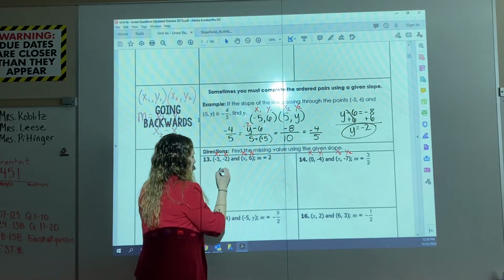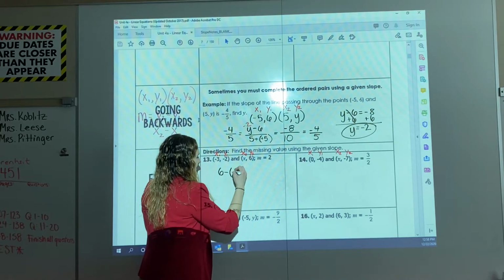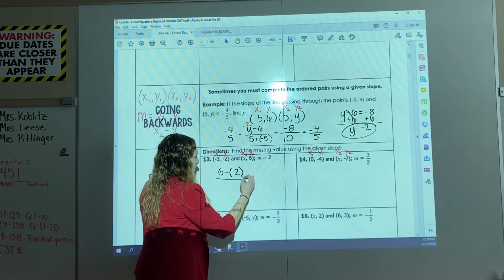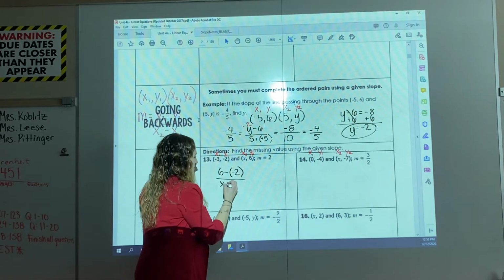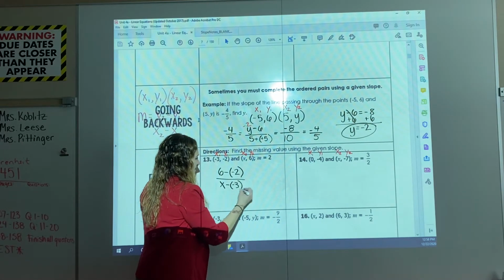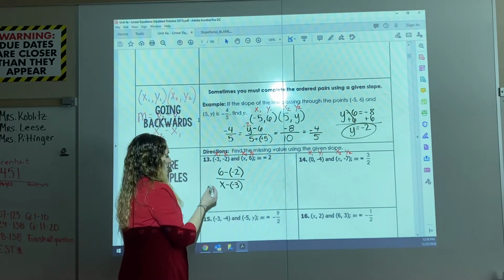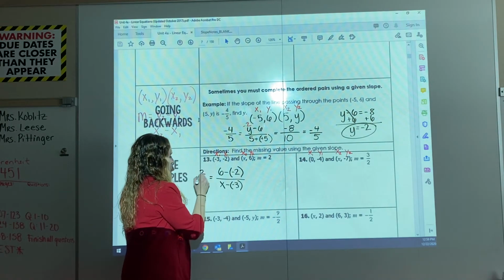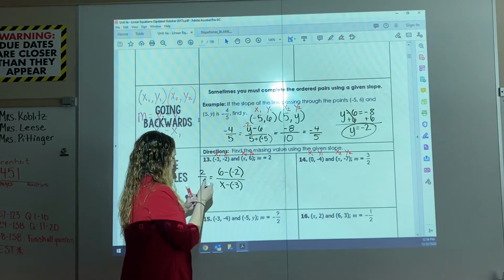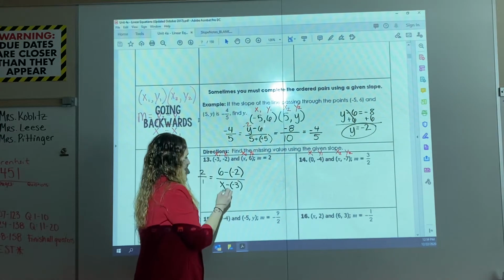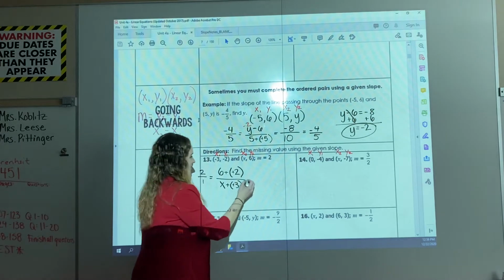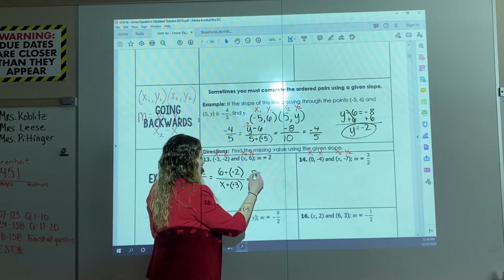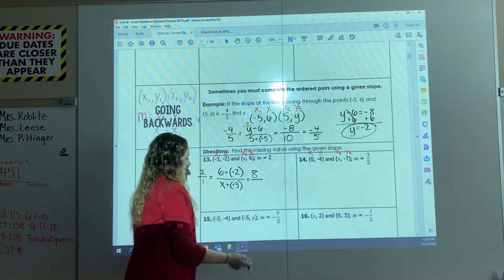That's going to be our 6 minus -2 over x2 minus x1. So I have x minus -3. And that should give me a +2 over 1. So let's simplify here. I have double negatives, so I'm going to make them both a positive. This would give me a +8, and I still have x plus 3.